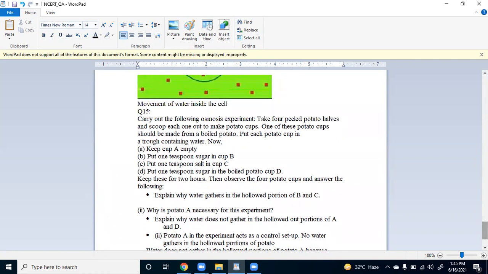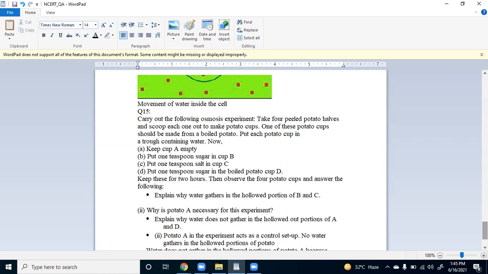Okay, so let's move to the second part. Why is potato A necessary for this experiment? See, we have kept potato A empty, so it does not have sugar, it does not have salt. It is a control setup, so that we can compare it with the other cups.